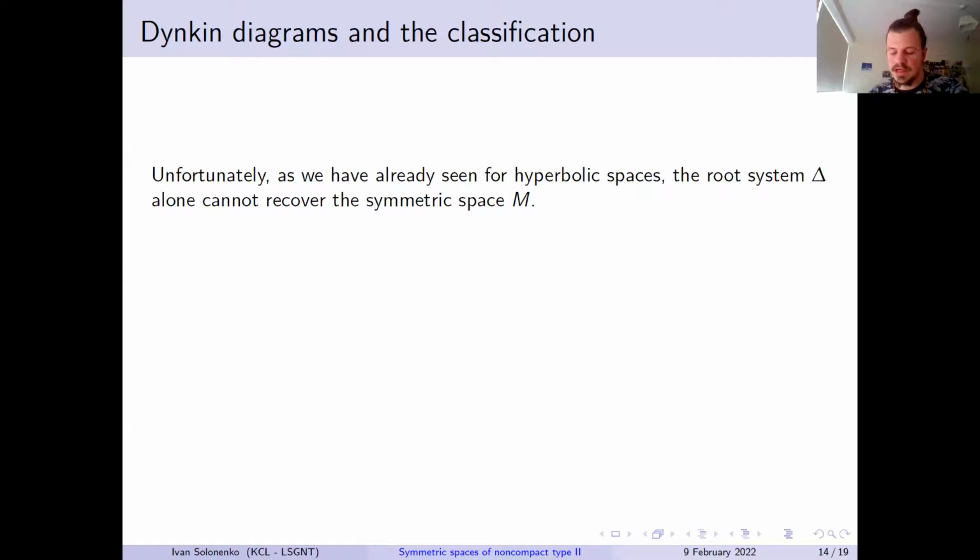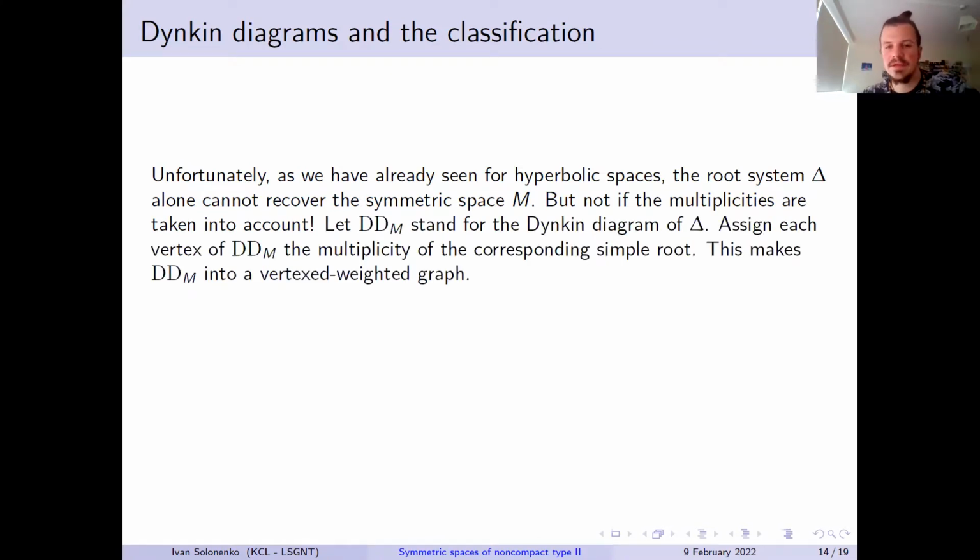However, the kind of information that is also there is the multiplicities of the roots. And so let me introduce the following definition. Let DDM stand for the Dynkin diagram of my restricted root system delta.